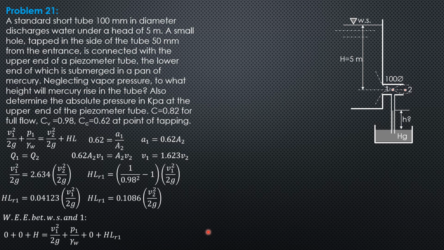Substituting the velocity head at 1, which is 2.634 of velocity head at point 2, plus pressure head at 1 plus head loss from reservoir to 1, which is 0.1086 of velocity head at 2. Combining these two values, the head is 2.743 of the velocity head at point 2 plus pressure head at 1.